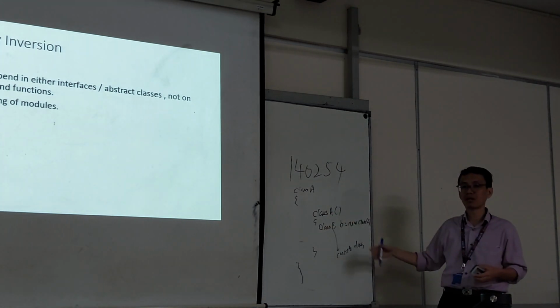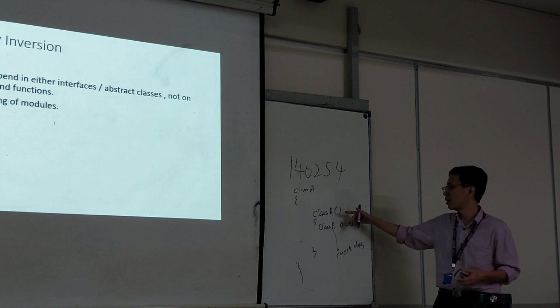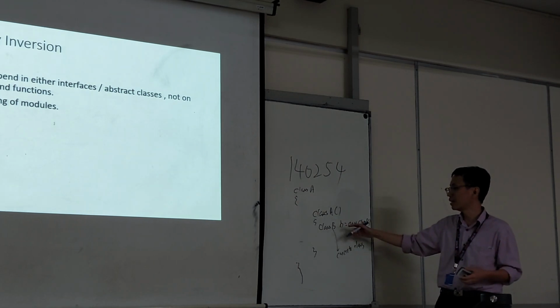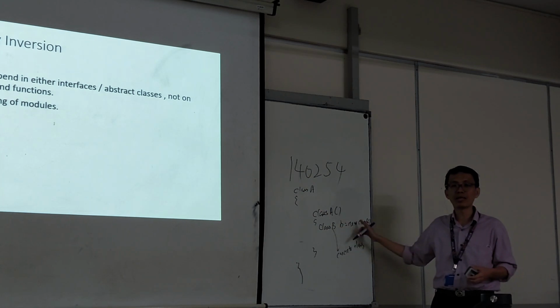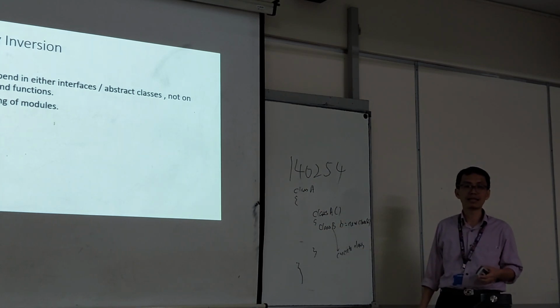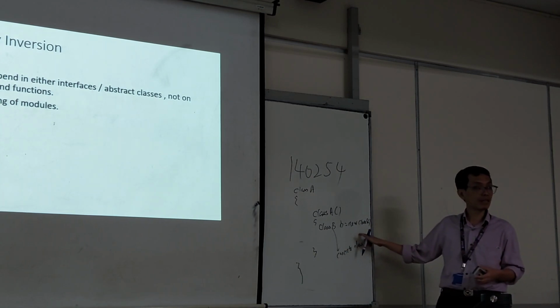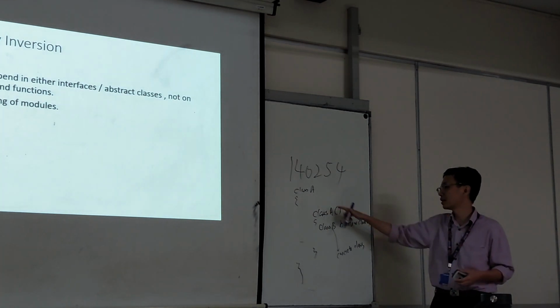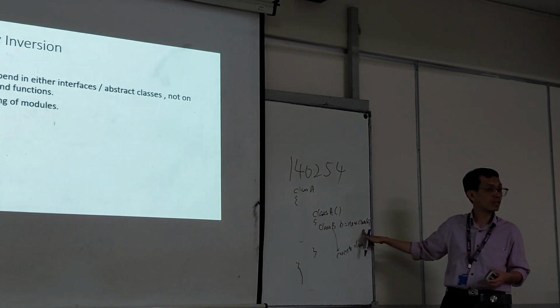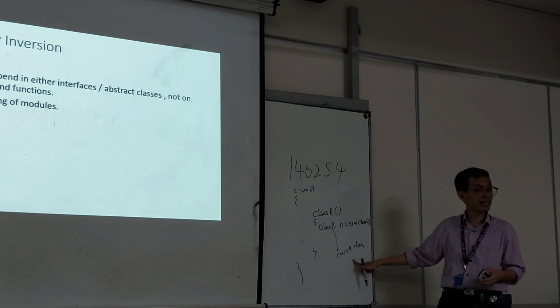Modify the code so that instead of a class, you are referring to an interface type. Understand? Referring to an interface type rather than having this kind of coding. Because with this kind of coding, this class is already tightly coupled with this class. Okay, this is a concrete class.